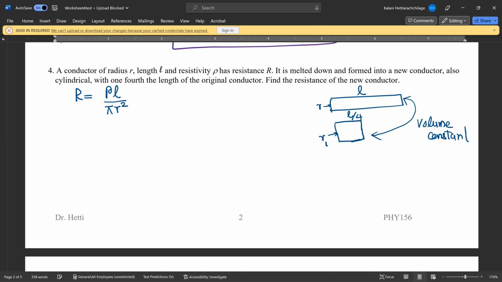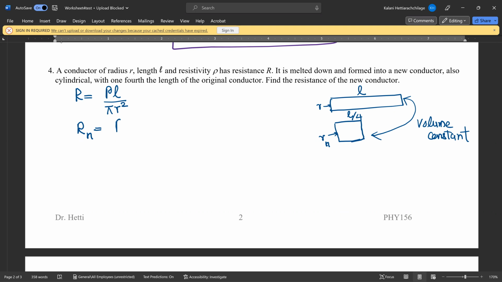Melt or freeze, according to that, it's going to change the shape, right? In this case, it is still a cylindrical shape, but since the L changes into L over 4, the radius should get larger, but we need to know how much. Now I need to find the resistance of the new one in terms of the given R. So for the new one, let's write R new, or you can say R1, it's totally up to you.